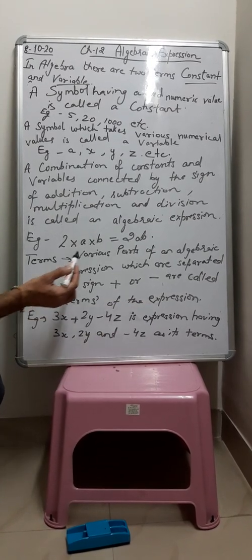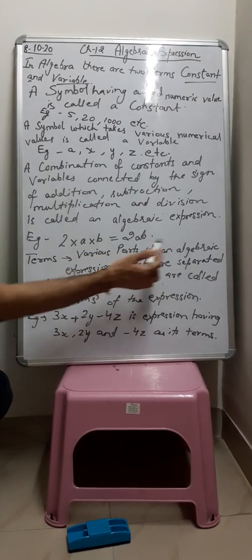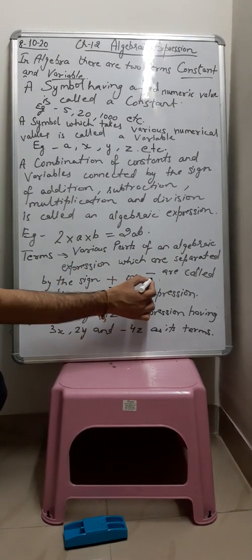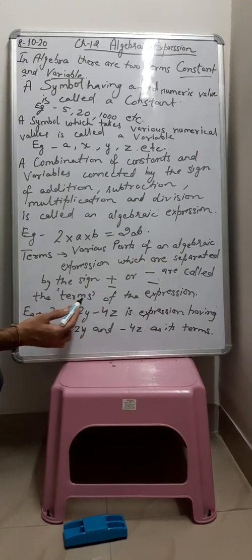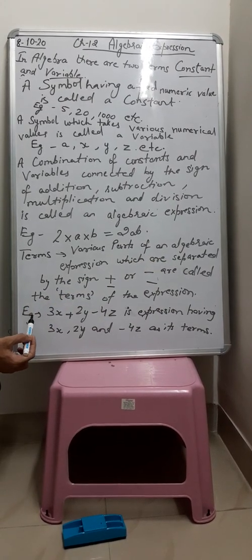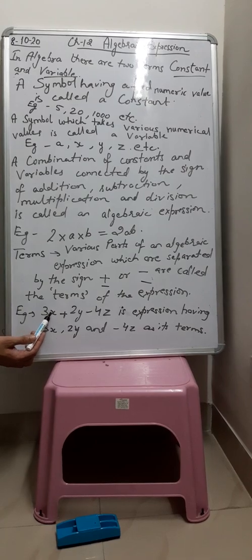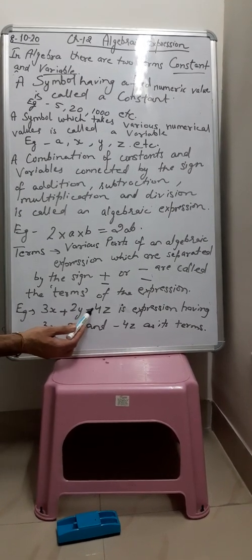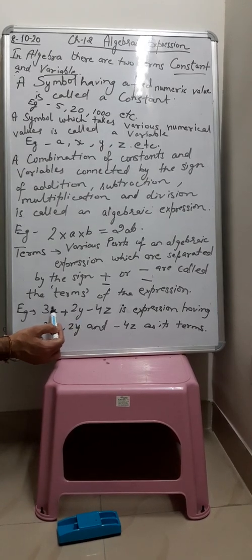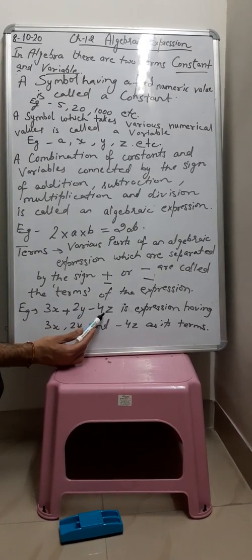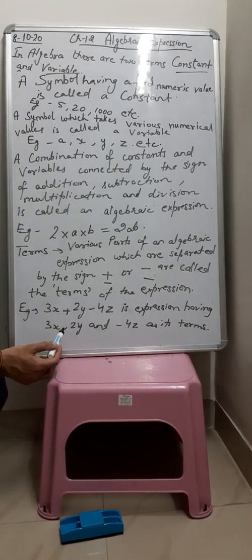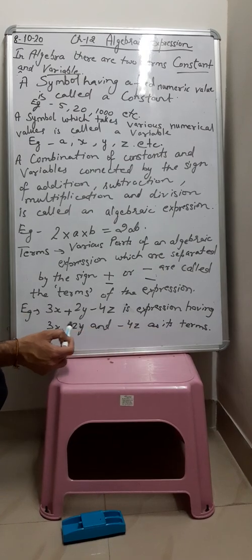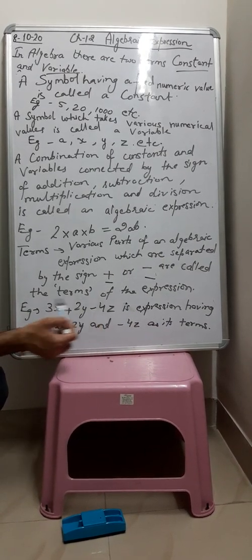Example, the expression 3x plus 2y minus 4z has three terms, 3x, 2y and minus 4z. So these all three are the terms of this expression.